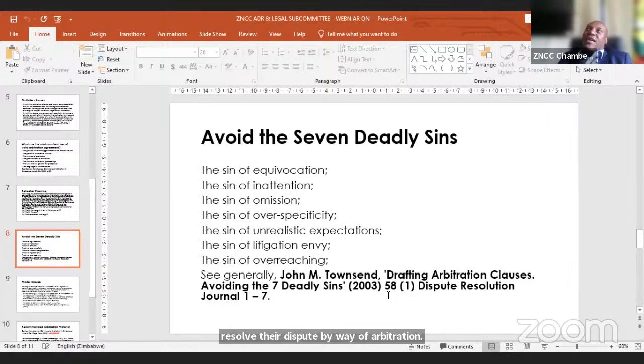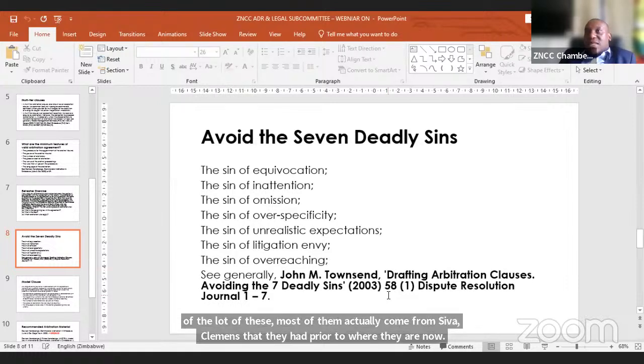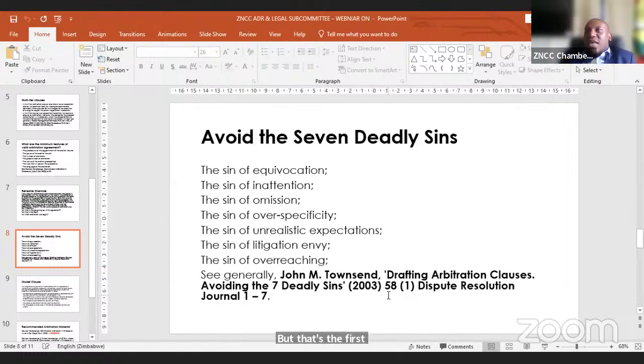A typical example would be parties saying that they agree to resolve the matter by arbitration, and the courts of Harare, should they proceed by litigation, the commercial court in Zimbabwe has jurisdiction. That is known as a pathological clause. Funny enough, the ICC Court of Arbitration in Paris has dealt with a lot of these. Most of them come from several agreements that they had prior to where they are now. But that's the first sin. So when we are drafting, we need to be very careful and make sure that we emphasize that any dispute should be finally resolved by arbitration.